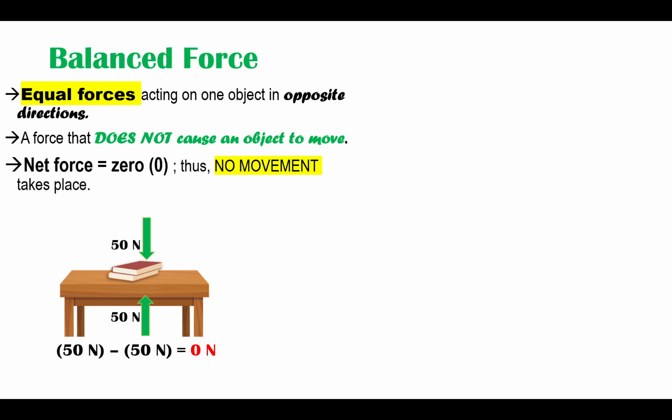Again, the reason behind this is both forces are equal, 15 Newton, but they occur in opposite direction. So to get the net force, 15 Newton minus 15 Newton, that is 0 Newton. So the object remains still or not moving. Another example of forces occurring in pairs: the pull of gravity going downward and the push of the table going upward.